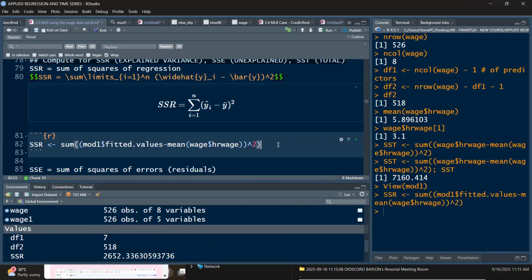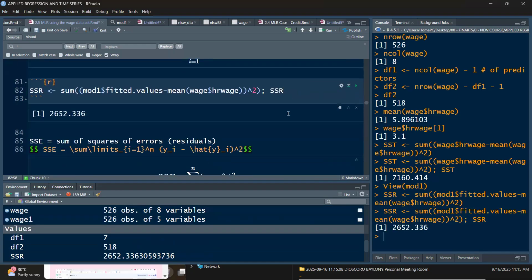Oops, sorry, nakalimutan ko na naman. Print natin sa SSR. Okay. 2652. So this was the variation that was covered by our regression model.